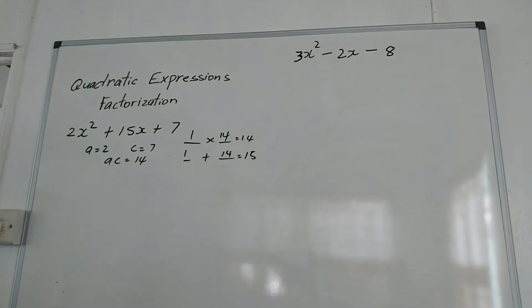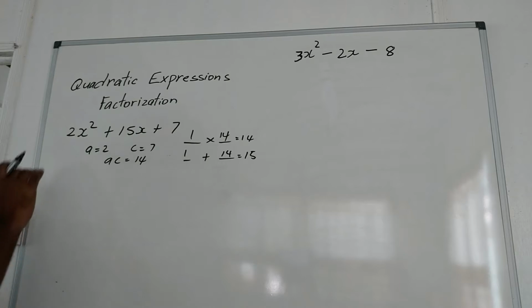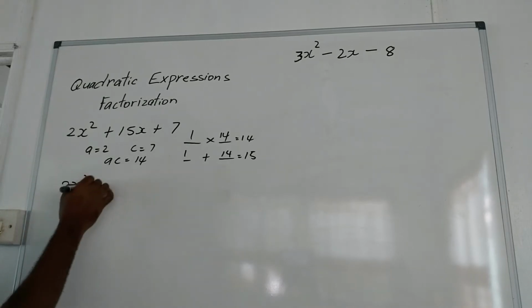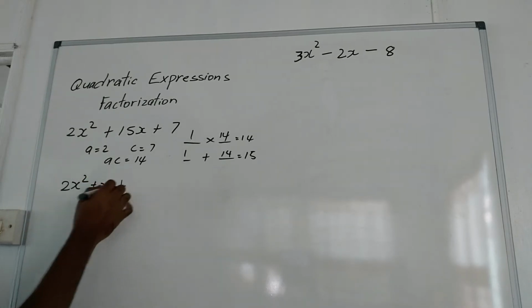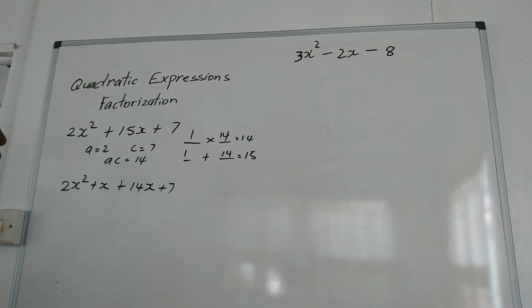So we have our two values, 1 and 14. So the next step, we want to rewrite our quadratic expression. So now we have 2x squared plus x plus 14x plus 7. And we go ahead and factorize and simplify.